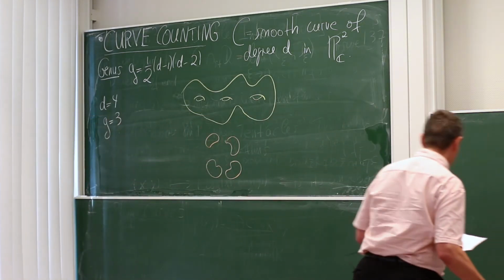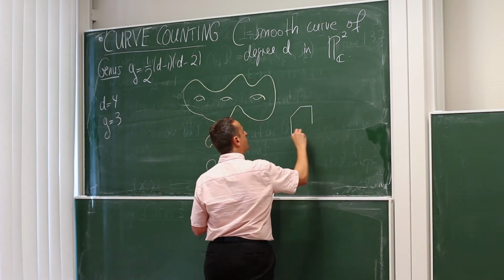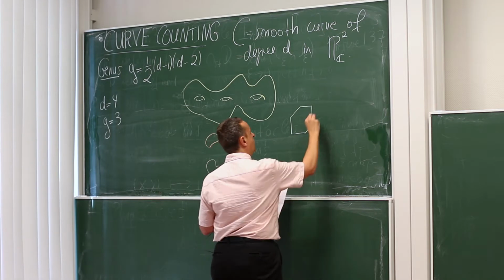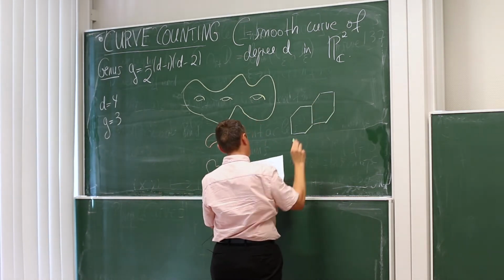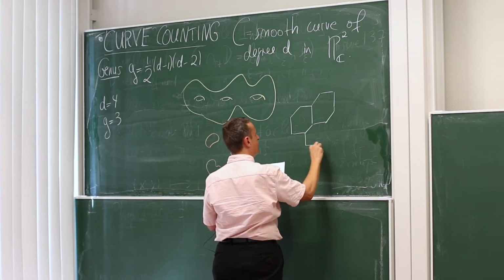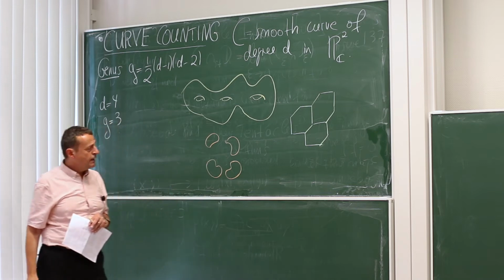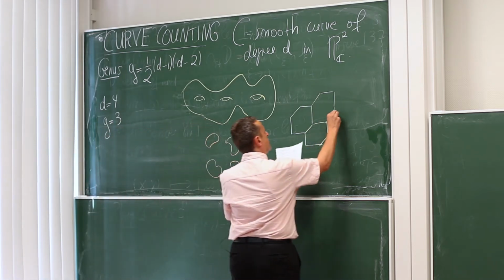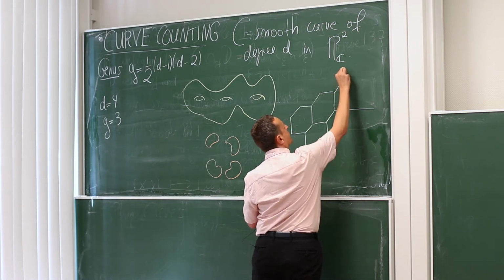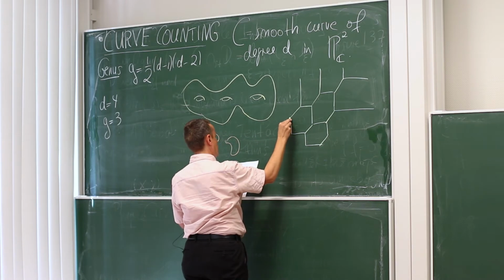So the tropical picture might look like this. I'm drawing 3 honeycombs, 3 hexagons to indicate the genus 3. So here's a graph of genus 3, and then I attach some unbounded stuff to make it balanced, right? Tropical curves should always be balanced.